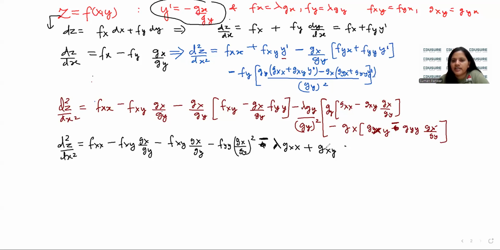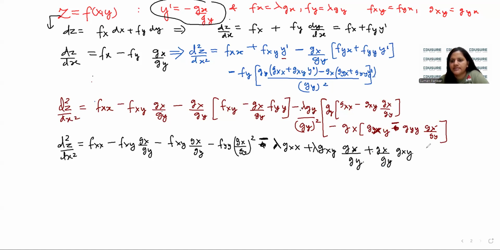So we will have gx by gy. So again minus plus, and then we will have, okay, this gy. So again we will have gx by gy, g of xy, and then minus.